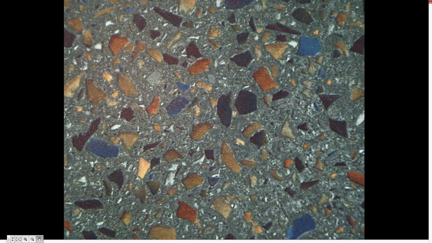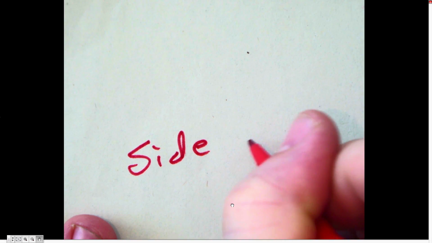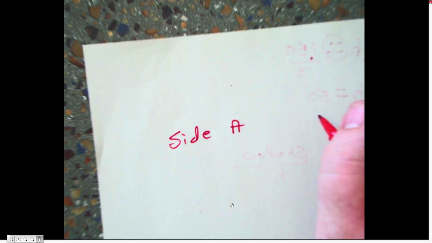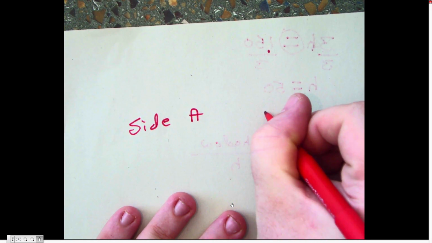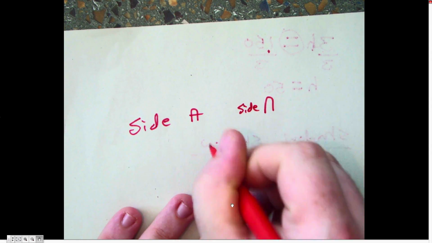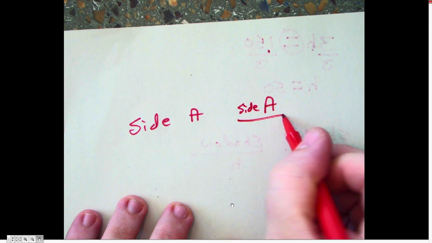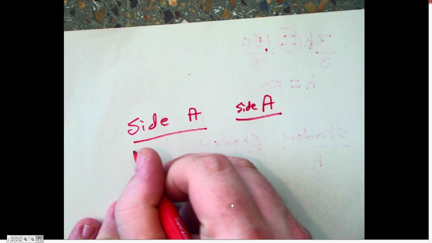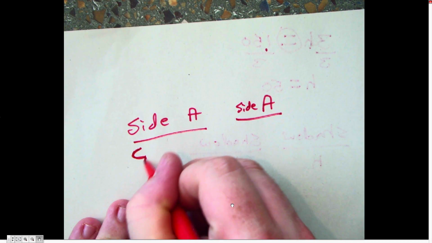Okay, so just set up your ratio and make sure you have it set up correctly. Like side A compared to, let me zoom out so you can see a little bit better. Side A and side A are both on top.